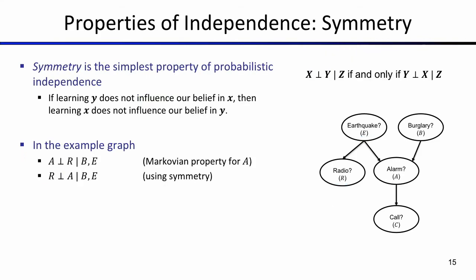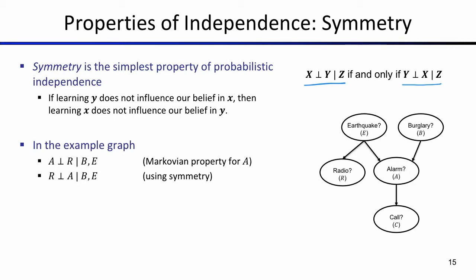The first property is known as symmetry, and it's the simplest of all the properties that I'm going to see. It states that if you have x independent of y given z, I can invert that and say that y is independent of x given z. We haven't seen this before. When we discussed independency, we saw that it's a property of independency that if A is independent of B, B is also independent of A. So what can we do with that?